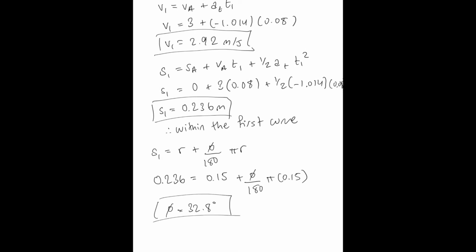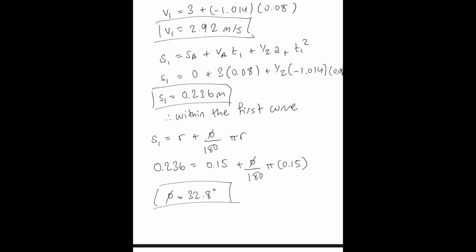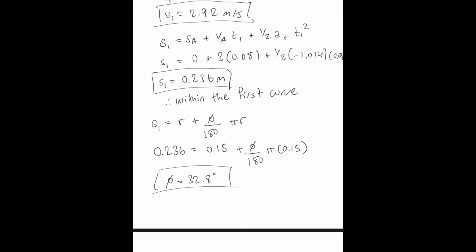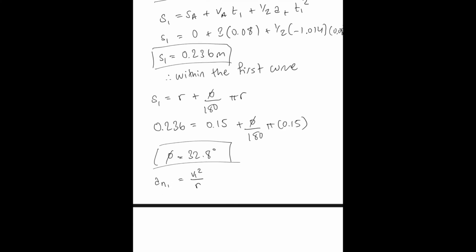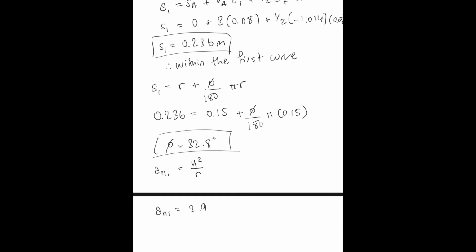So now that we know exactly where our ball is, we can find the normal acceleration. We know that v is 2.92 squared over 0.15.